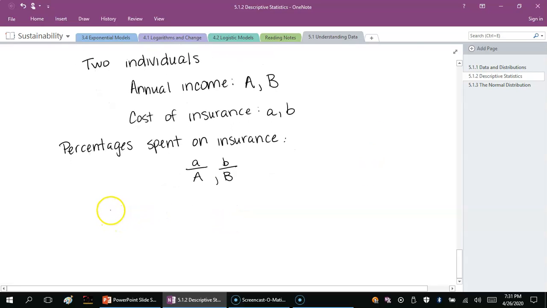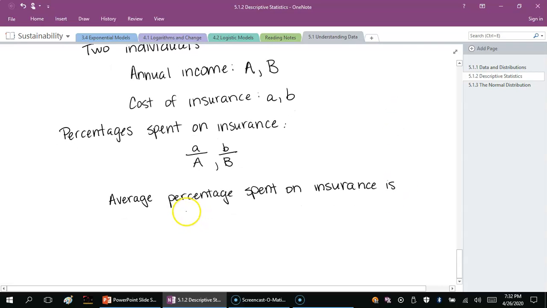So the average percentage spent on insurance, well, it's just the average of these two numbers, so I add them and divide by 2. Let me write that as 1/2 times their sum. Okay, and let me box this because we're going to want to compare this.